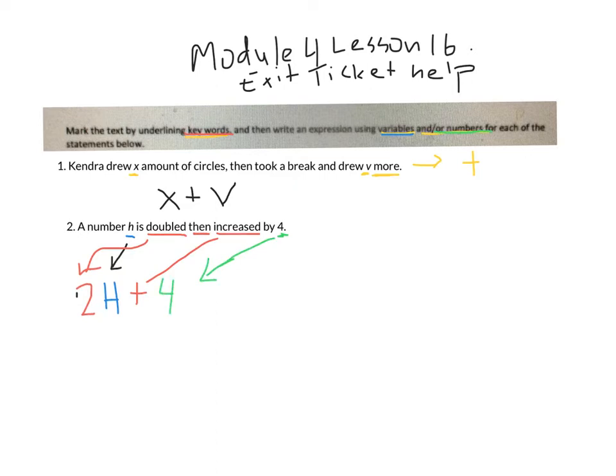So it is 2h plus 4. 2h plus 4. Remember that the double is going to happen first. It doesn't really matter what order we have it in because PEMDAS is going to say that multiplication happens before addition.